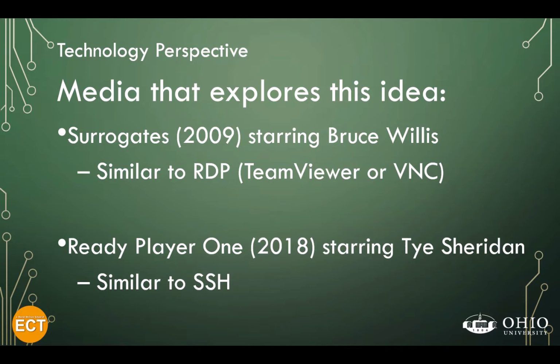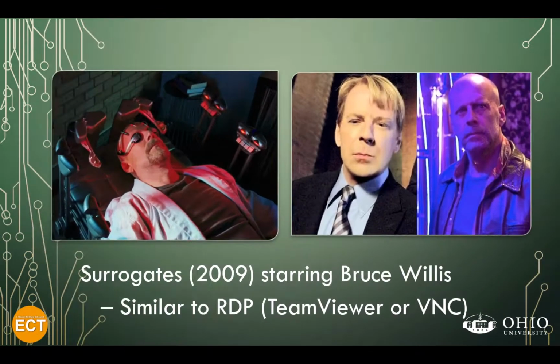And then also Ready Player One, which was a book and is a 2018 movie starring Ty Sheridan, and his relationship with the technology is much more similar to SSH. We're going to explore each one of those movies just with a slide or two, and then we're going to talk about what that means. So here's our picture of Bruce Willis in the movie.